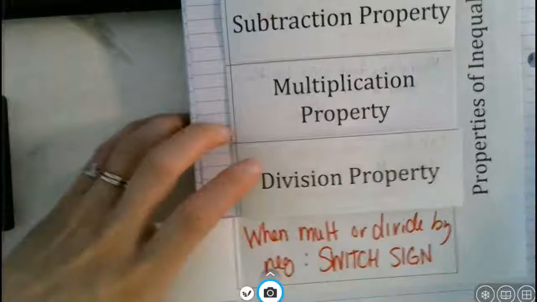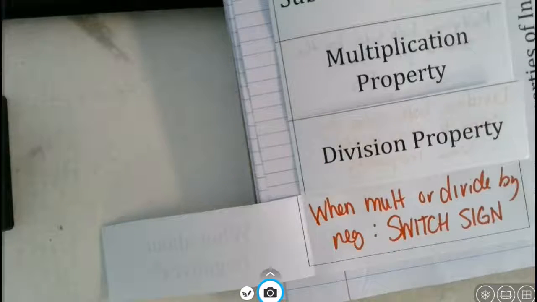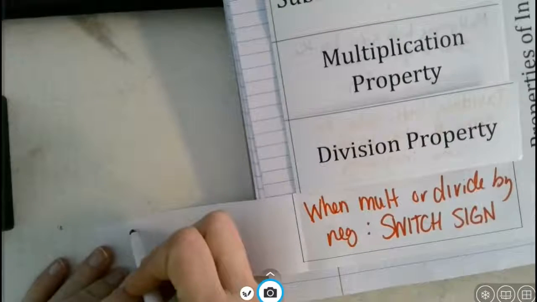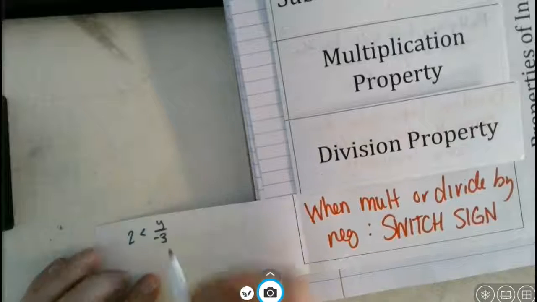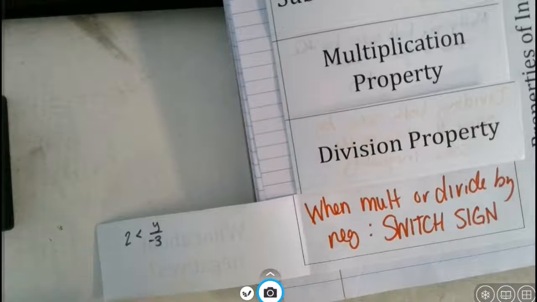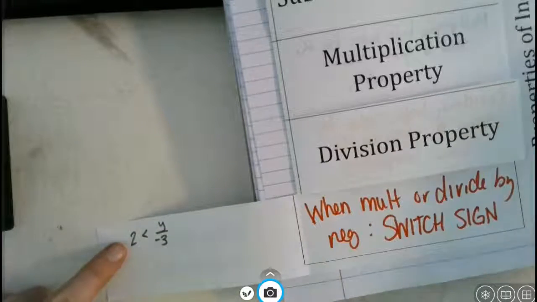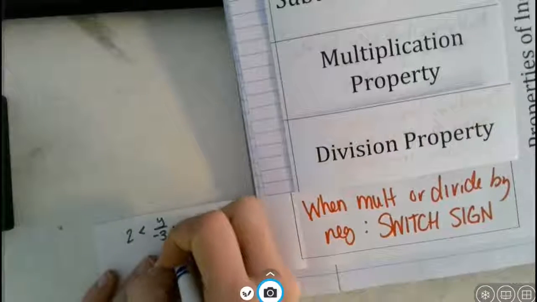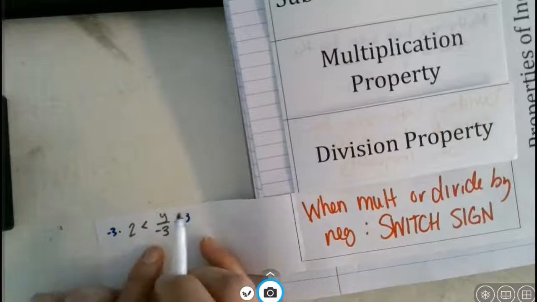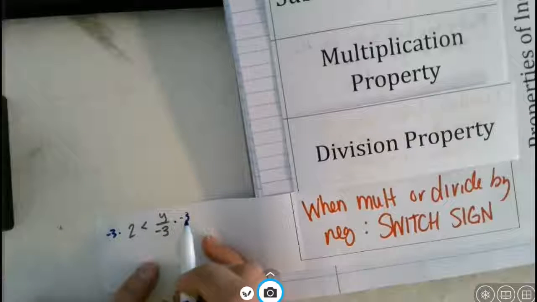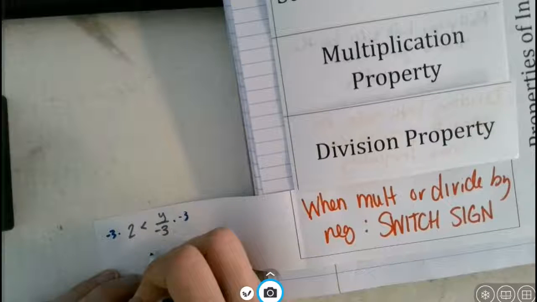So let's do a quick little example over here. I have 2 is less than y divided by negative 3. So I know that I'm going to be using my multiplication property because I have to multiply to get rid of that. So I multiply both sides by that negative 3 to get rid of it. Well, here, since I multiplied by that negative 3, my sign is going to change direction.